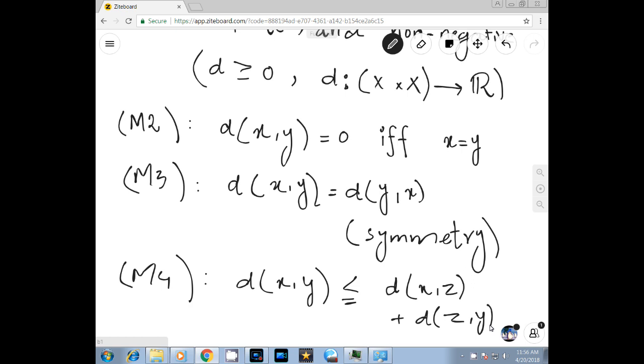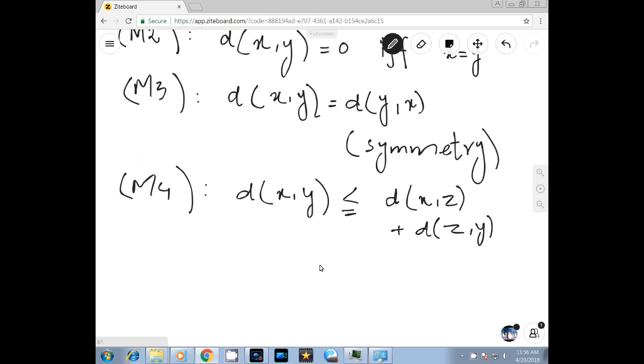This important property is called the triangular inequality, or simply the triangle inequality.